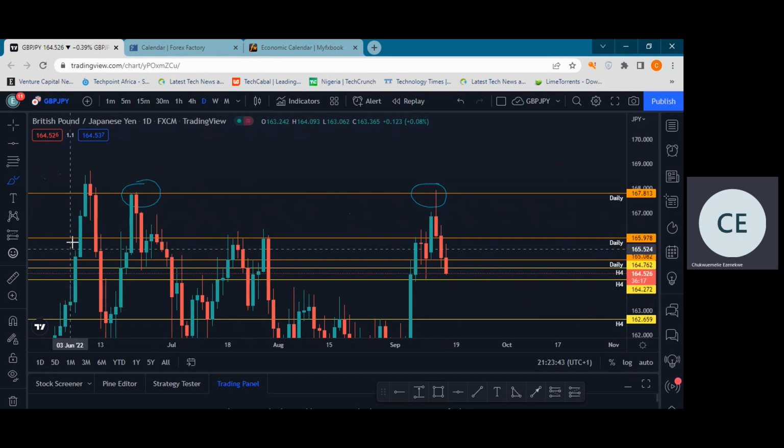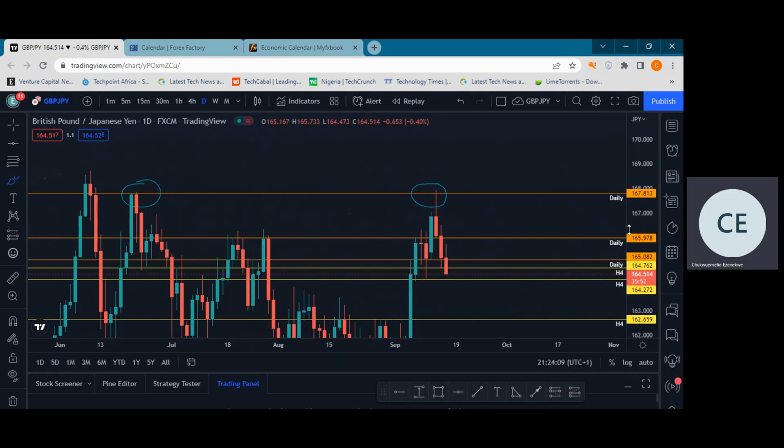Price moved strongly, reached this zone, rejected it, and dropped massively, about 500 pips. It found support, moved strongly again, reached this same zone, dropped about 500 pips, and has not been able to reach this zone again.